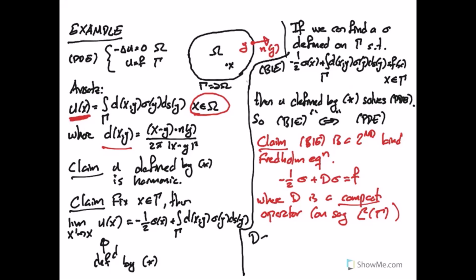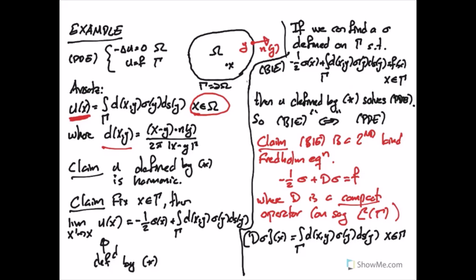D is an operator that acts on gamma, and it's just integration against what's called a double layer kernel D. Okay, so this is for x in gamma. So the point is, what we did here was that we defined an operator capital D.